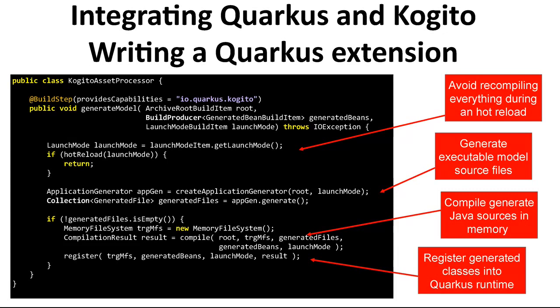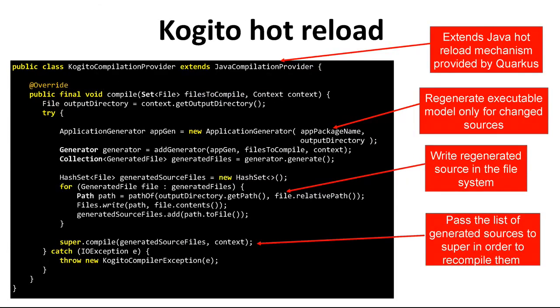The next bit was that we also needed to enable hot reload. Quarkus is very cool if you have started playing with it, meaning that you can launch it in development mode, and then you can change some Java classes while it is running, and you don't have to bring it down and restart it. You have the hot reload of these Java classes.